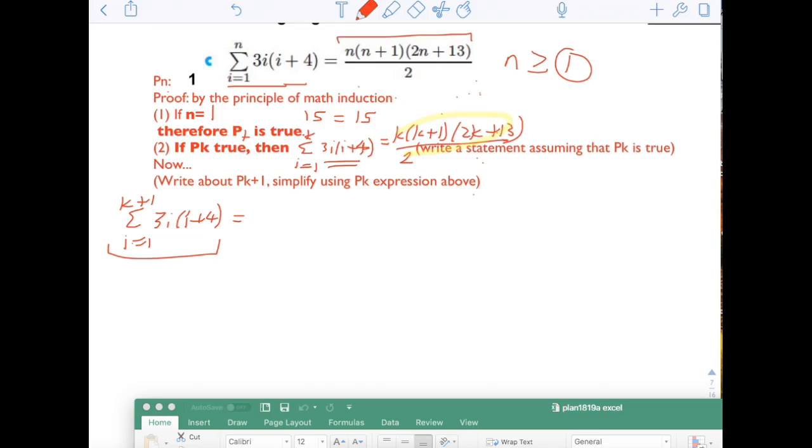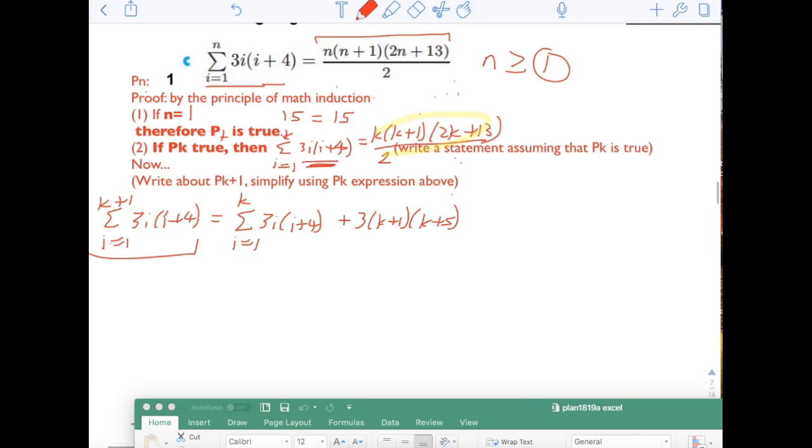This summation has an extra term relative to this one, so let's separate it into two summations. i equals 1 to k, and the term is 3i times i plus 4, plus the k plus 1th term, which would be 3 times k plus 1 times k plus 1 plus 4, which is k plus 5.